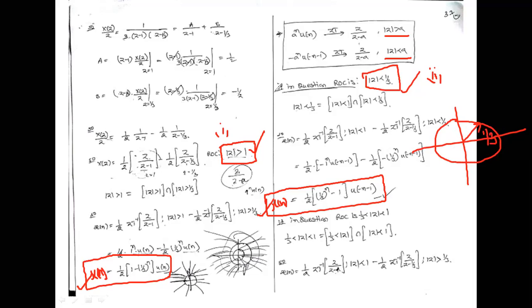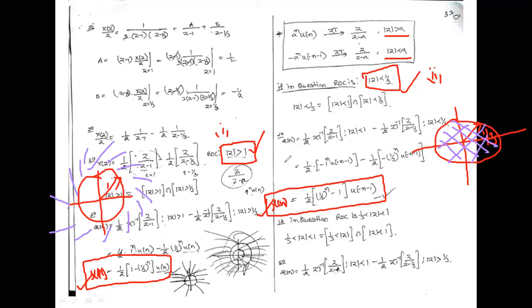So totally inside the circle only. The ROC is inside the circle, the region of convergence. Okay. And here, for this ROC is outside the circle with the radius of 1, outside the circle here. Is the ROC of z is greater than 1.